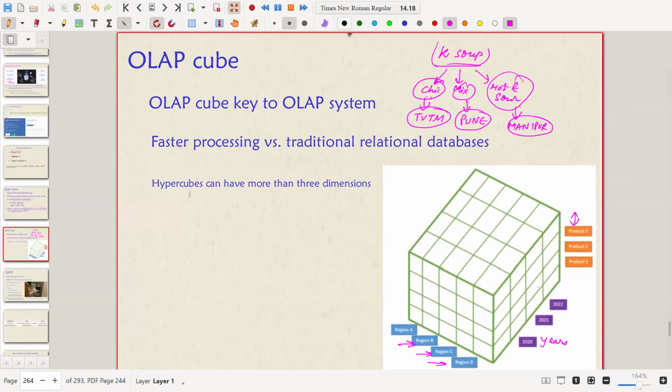We will see that this has faster processing times. This is just for your visualization, just three cubes, three different axes. But you can have cubes of more than three dimensions, and such cubes are referred to as hypercubes.